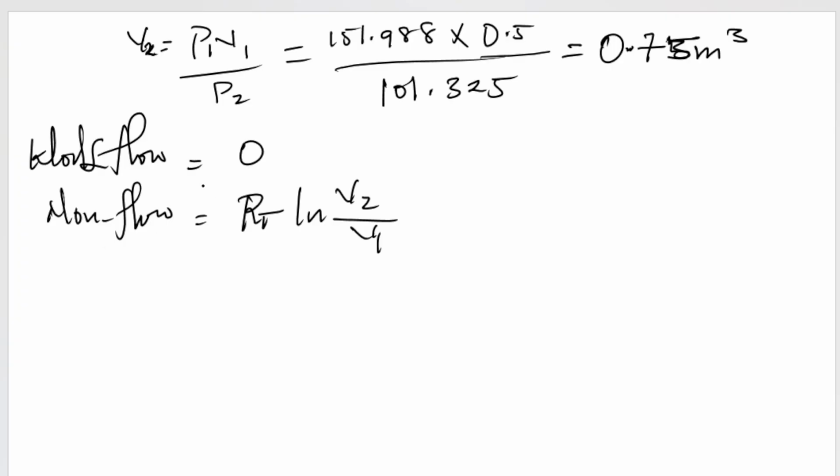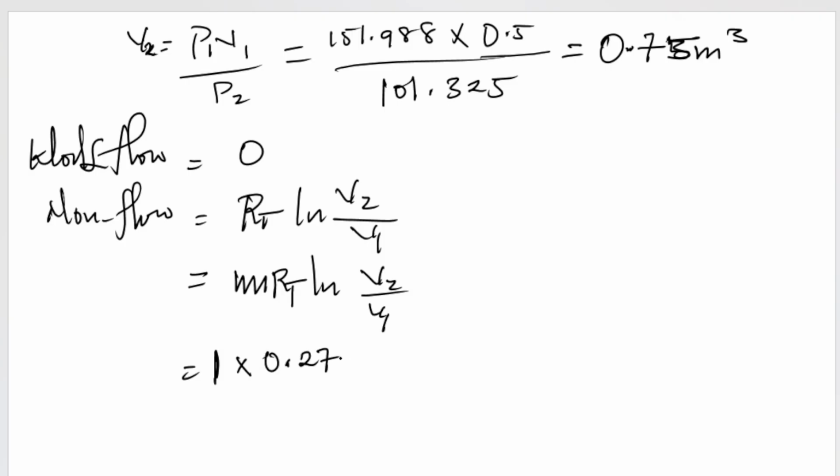Now, without further ado, what is the R here? Remember, we are given mass. Since we are given mass, you simply have your non-flow work equation to be mRT ln V2 over V1. Are we together? So you input your values. You have your mass to be 1, right? Multiplied by, what's your R? Remember, the R that you calculated was what?